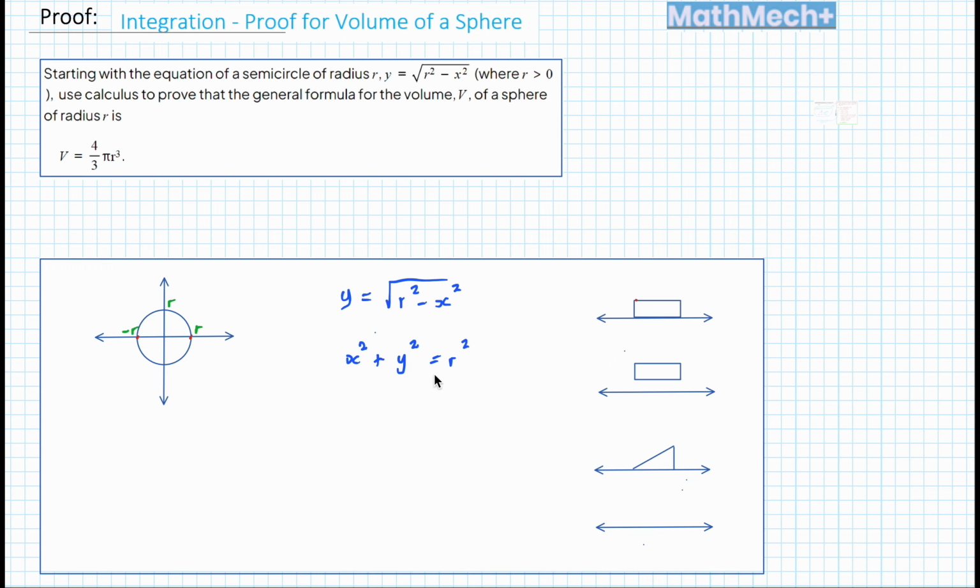So what we're dealing with here is only one version of this now. We're going to look at the top half of our sphere because we just want to see the positive answer. So there's obviously a full circle, a full sphere, and the top half is the positive answer, and the negative answer would be the bottom half.